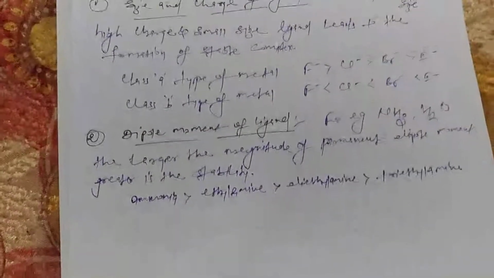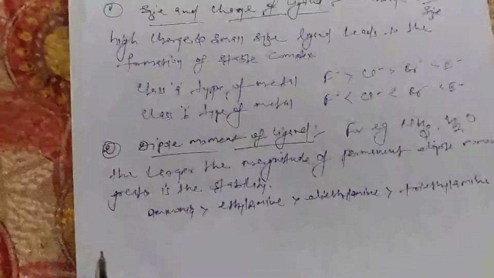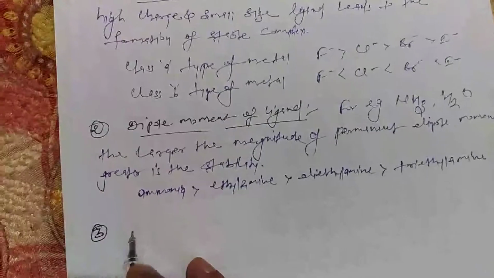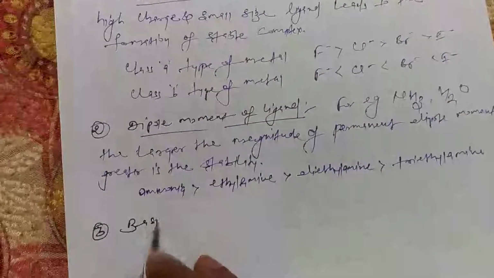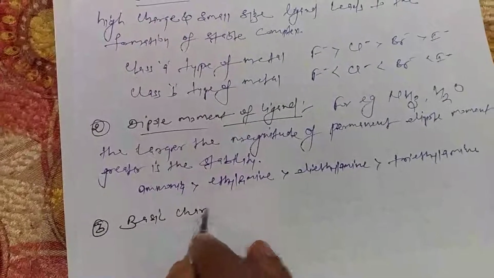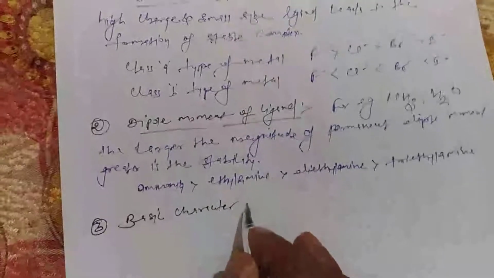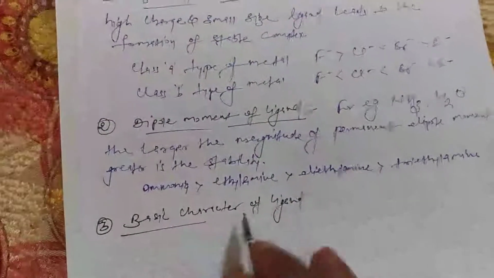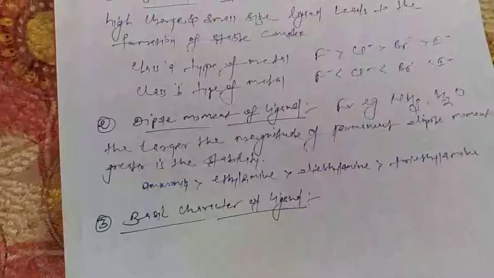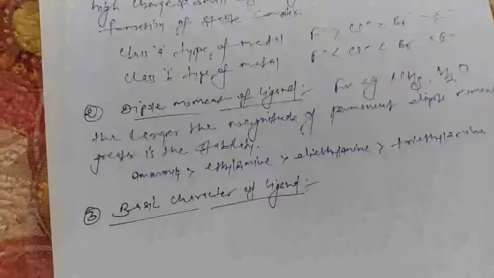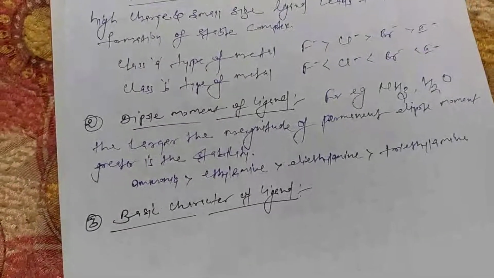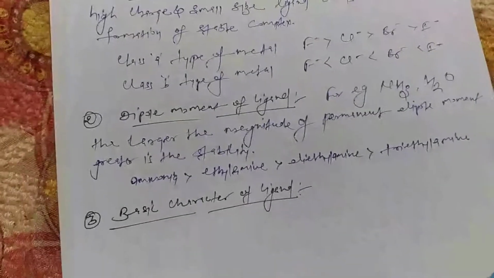Next factor is the basic character of ligand. Basic character means again we are talking about the tendency of donating electrons. It must contain a lone pair or negative charge, so it will have a basic character.